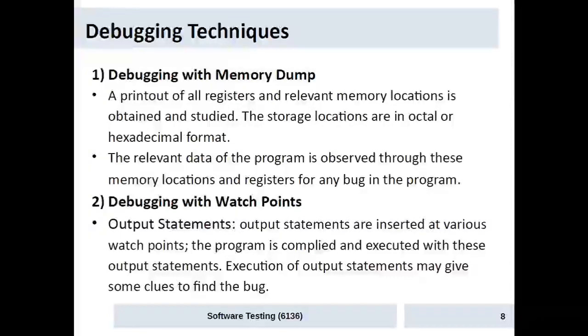But this is a very tedious job as a massive amount of data will be there, and we need to find out what is the relevant data of that program which is required to identify and analyze this problem.